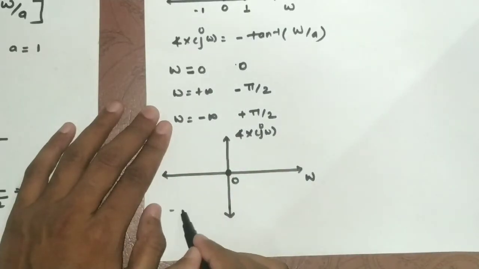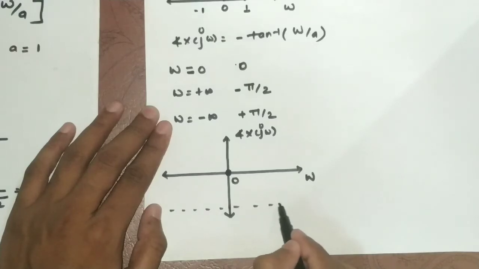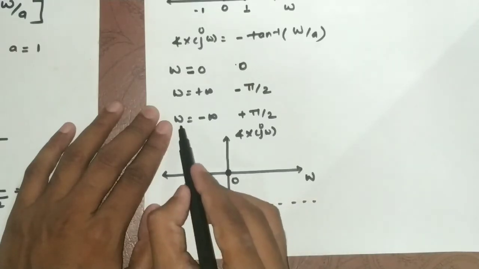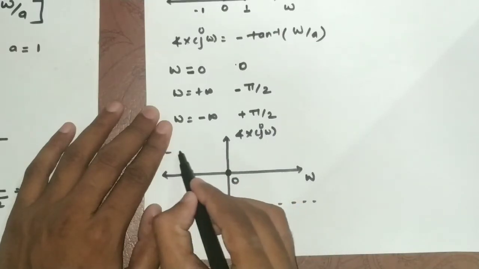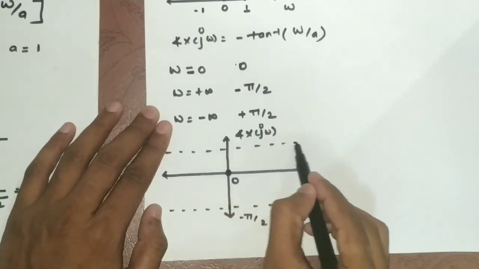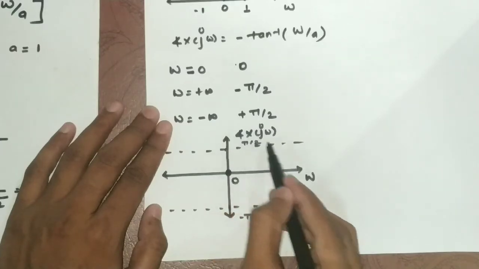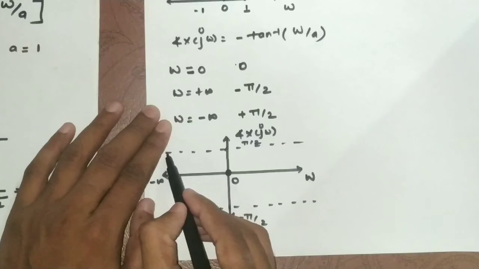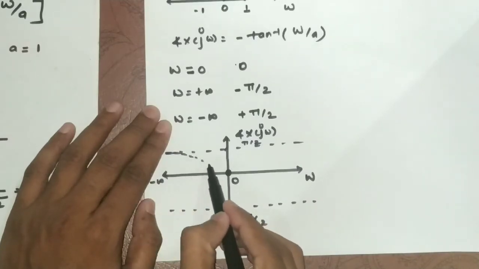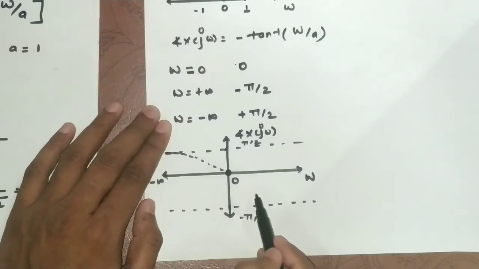So let us see, this is the line for minus pi by 2, and when omega is minus infinity, I'm putting it as plus pi by 2. So for omega minus infinity, definitely it will start from plus pi by 2, and it approaches 0.